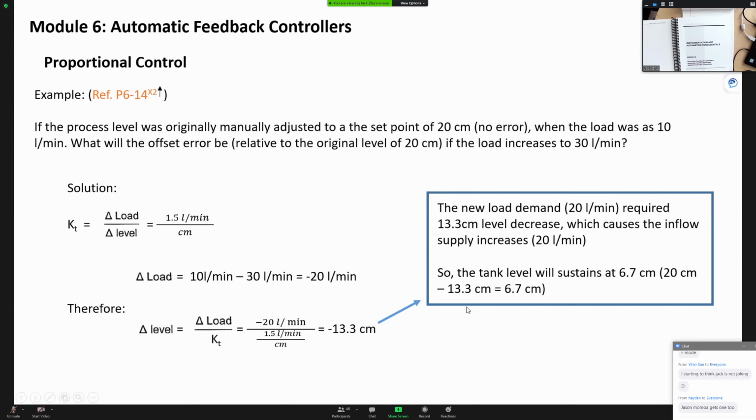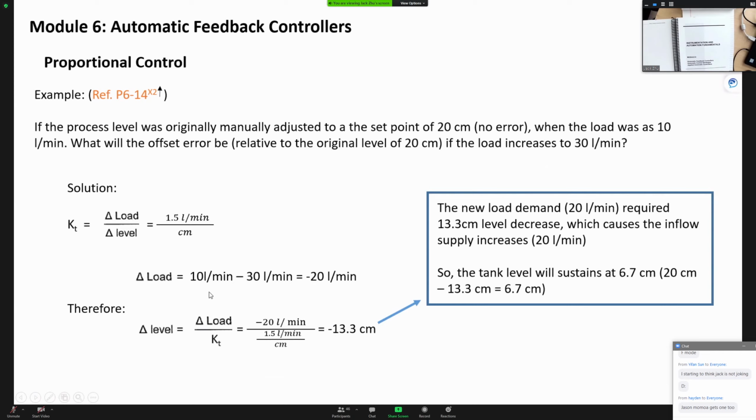So the change of the water level depends on the gain and all those settings. But the water level change is required for this proportional control. So the water level change, that's the error. That's the permanent error required in the system.